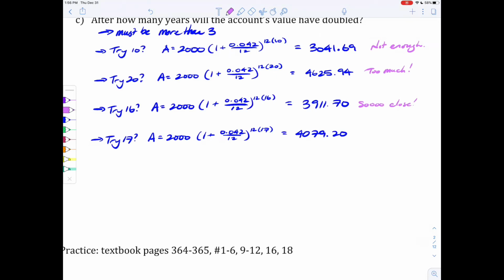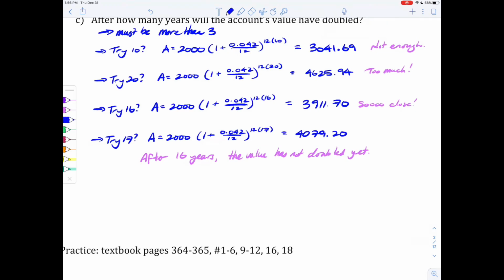So what we're noting there is that after 16 years, the value has not doubled yet. It's close, but it's not quite there, so we can't say that 16 is sufficient. After how many years can we say that it has doubled?